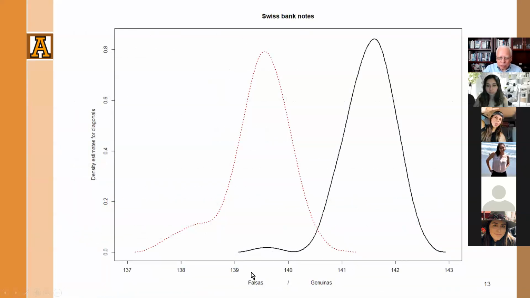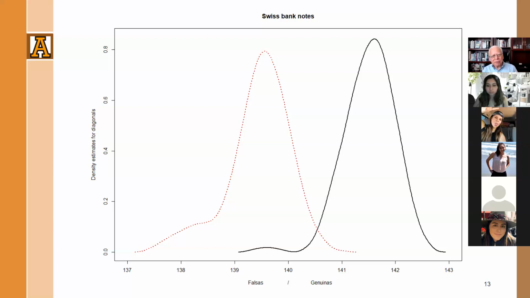This is an example. We'll work with this later. This is the Swiss bank notes data set that we'll be using, which has information on different measurements on bank notes that are legal, and some bank notes that are false.